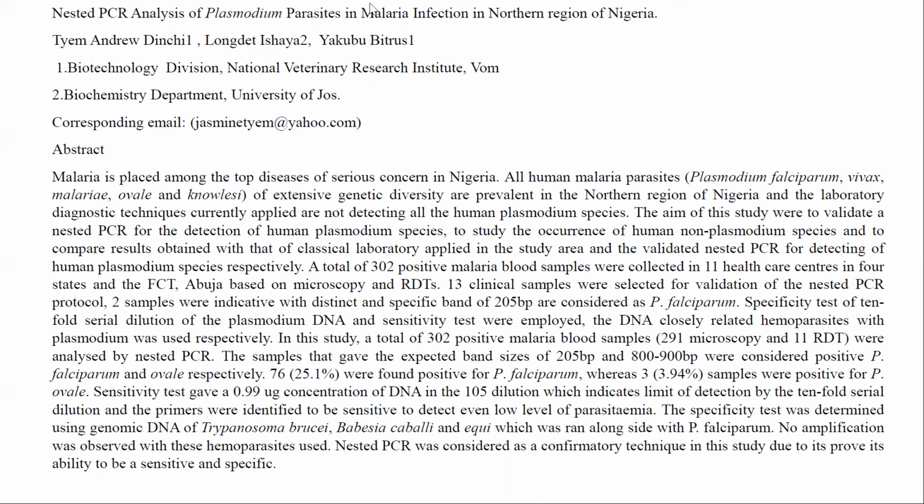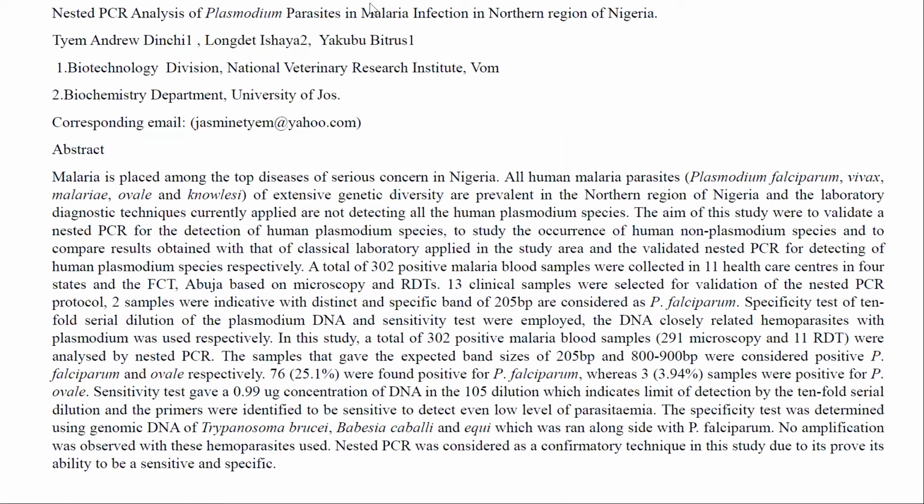The main aim of this study was to validate a nested PCR for the detection of human Plasmodium species. And the second aim is to study the occurrence of these non-falciparum species in the northern region of Nigeria and to compare the results obtained from the classical laboratory results obtained in the region.